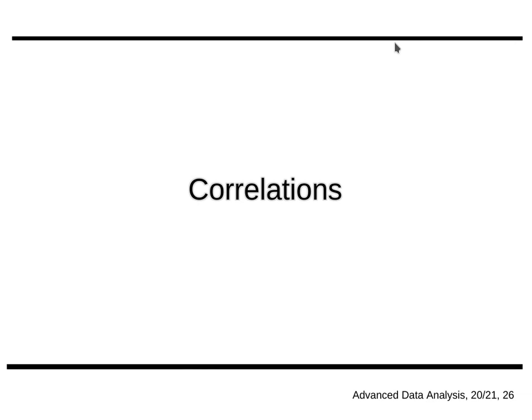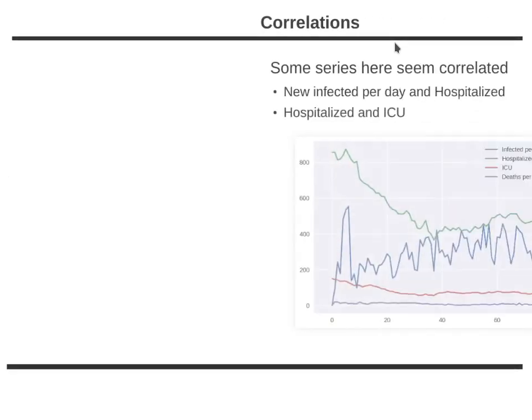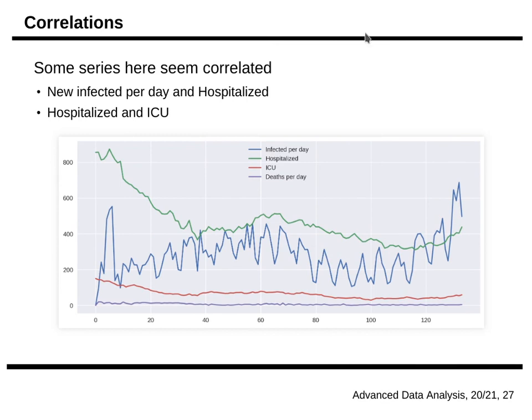Okay, another thing that we can look at a bit more quantitatively are correlations. So we can see here that infections per day have risen, lowered and then risen again, and we can see the same thing here in hospitalizations. In this part, it's different because we're coming from the first wave.